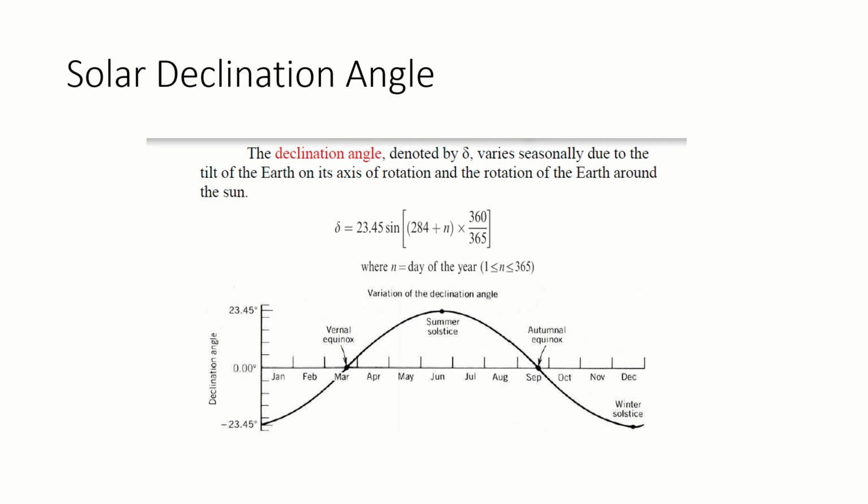It is denoted by delta, and the formula of solar declination angle is 23.45 into sine of (284 plus n) into 360 by 365. Here n is the day of the year. As you can see, solar declination angle is maximum at the summer solstice, while it is at the minimum at winter solstice.